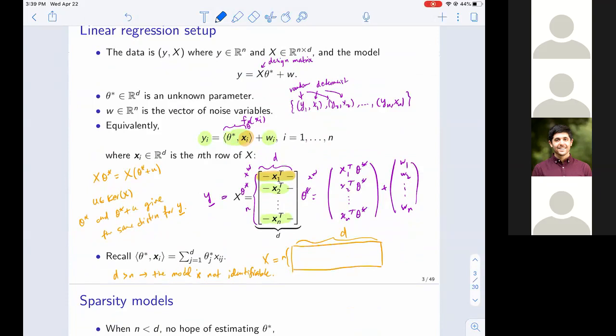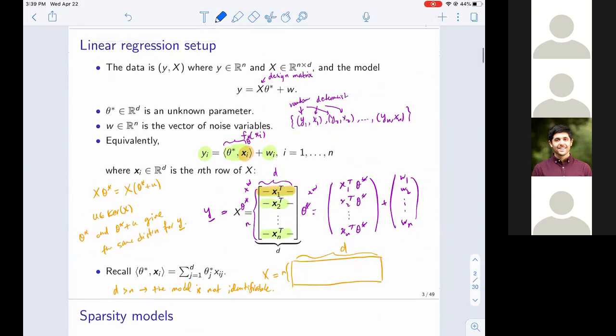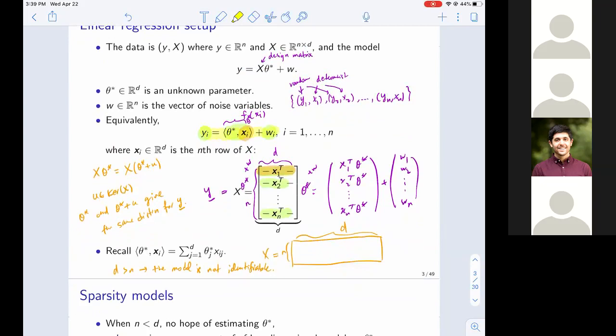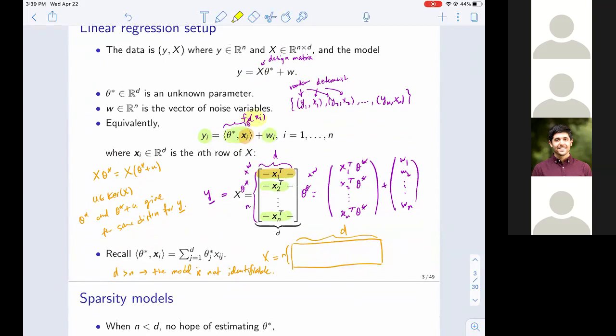So recall that the linear regression problem is something like this. I have observations, and these observations are written as a function of some covariate, or independent variable, x_i, plus some noise, w_i. And here we are assuming that this function is linear in its argument, and the argument is a d-dimensional vector, so a linear function in this case would be something similar to what I have written here.